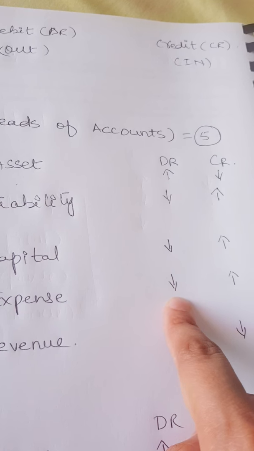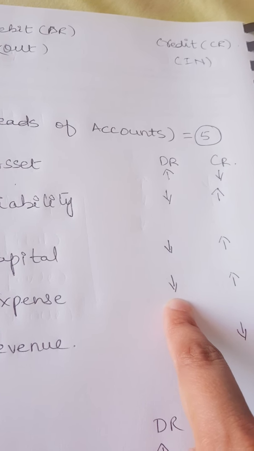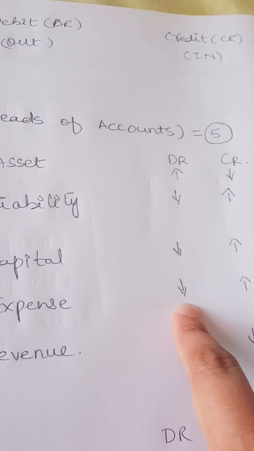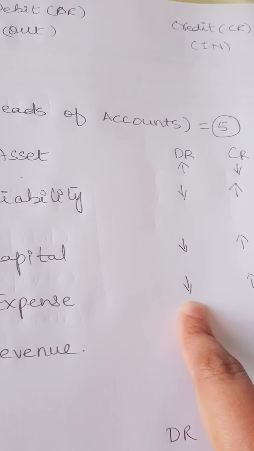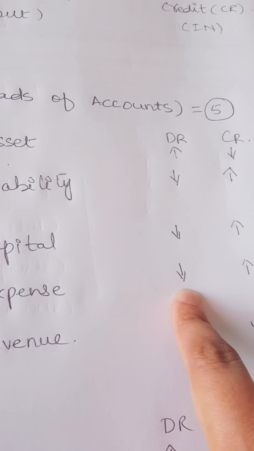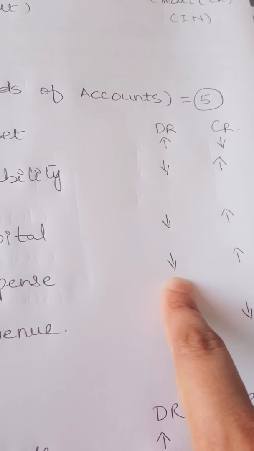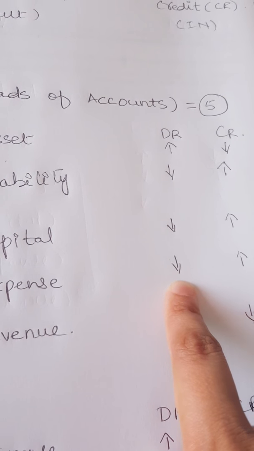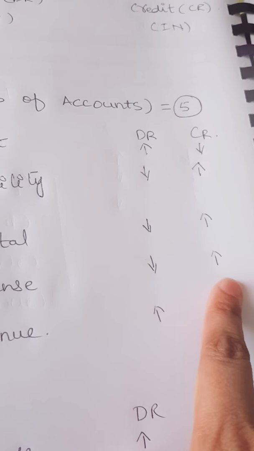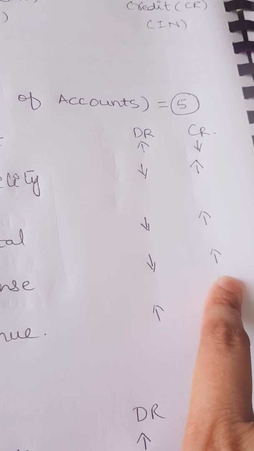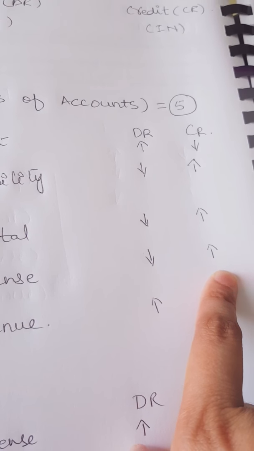Expense also behaves in the same manner as liability and capital. Whenever your expense decreases, it is recorded on the debit side, and whenever it is increasing, it is recorded on the credit side.